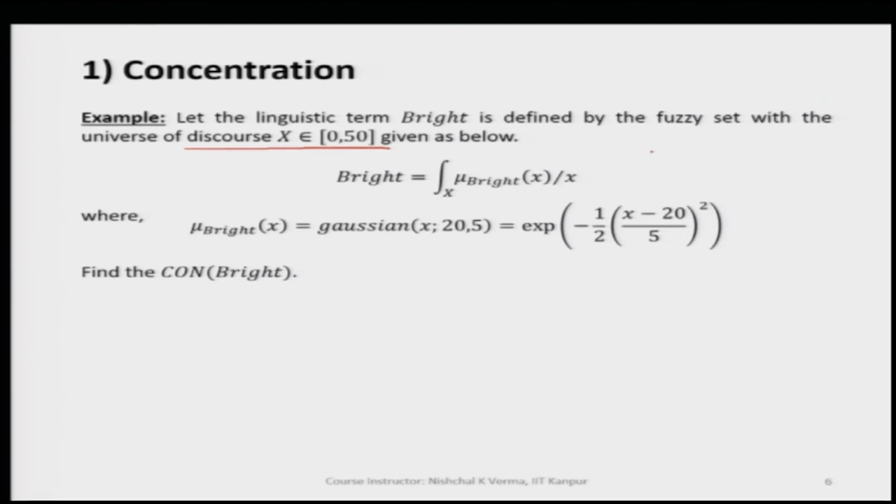The membership of this bright fuzzy set is represented by mu bright of x, and this is a Gaussian function, Gaussian x semicolon 20 comma 5, which is the exponential of minus 1 by 2 into x minus 20 by 5 whole raised to the power 2, where this 5 is the standard deviation.